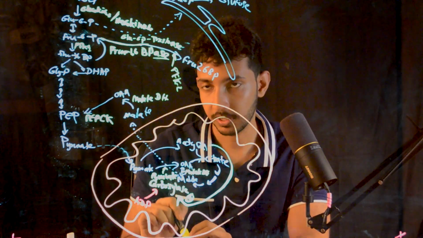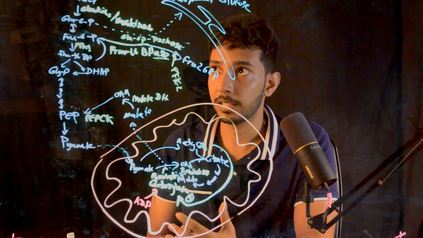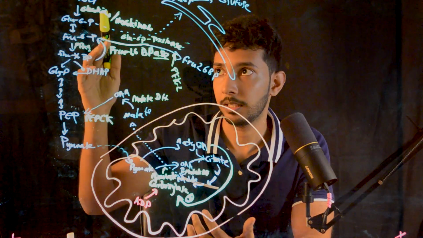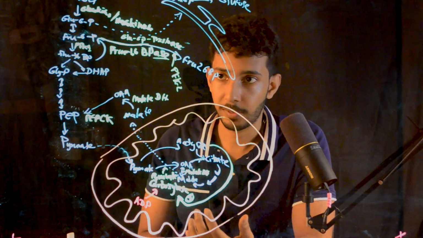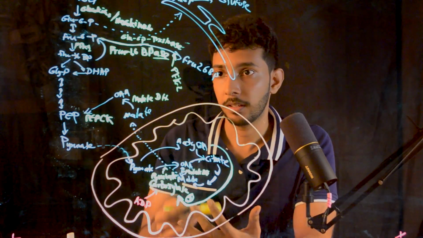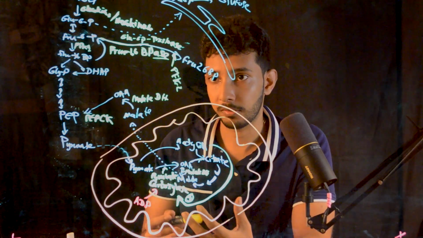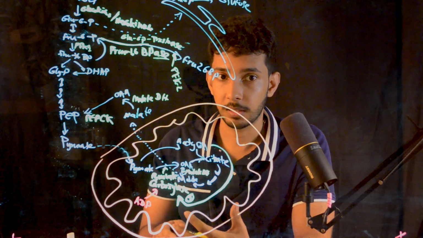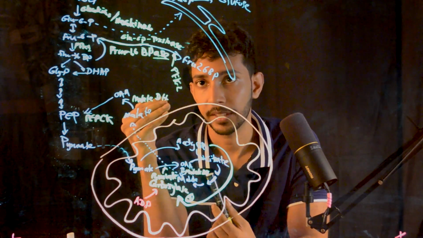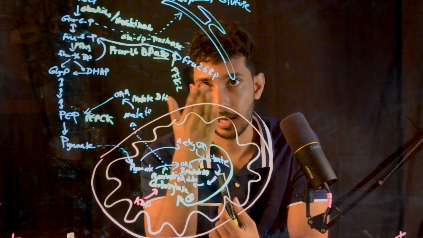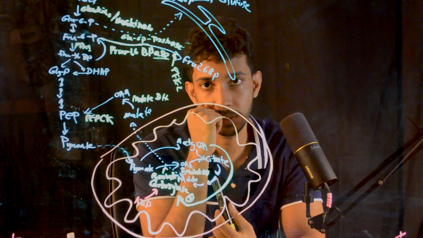And this was a signal for having increased amount of glucose in blood. So basically, PFK2 is regulated by insulin glucagon ratio, and if you have a lot of insulin in the body, this phosphofructokinase enzyme gets stimulated, and you have a lot of fructose 2,6-bisphosphate.